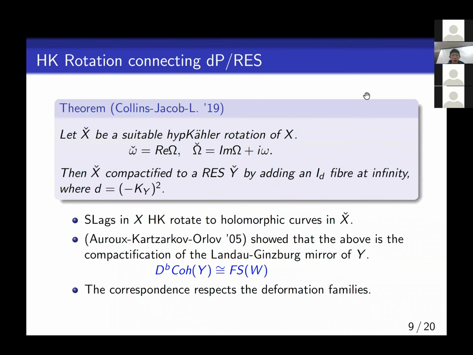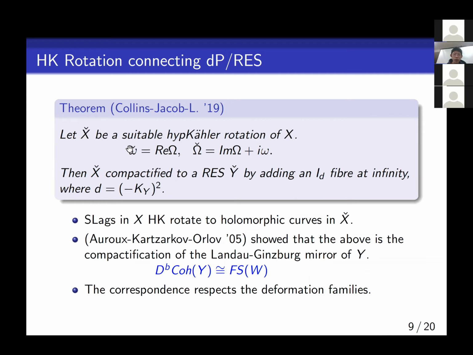More than that, let's take X check to be the hyperkähler rotation of X. What I mean is that, recall that originally I have this capital Omega and little omega, which is a Tian–Yau metric. Now I keep the same underlying space of X, but with a different symplectic form.